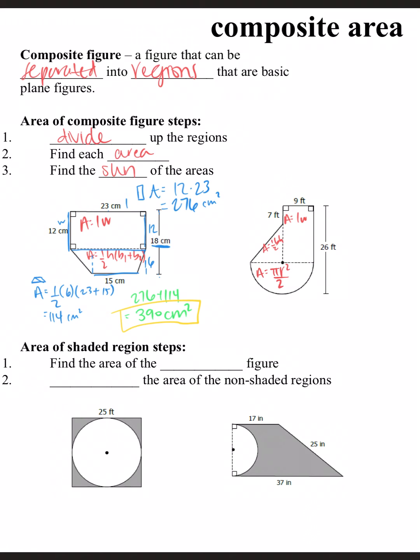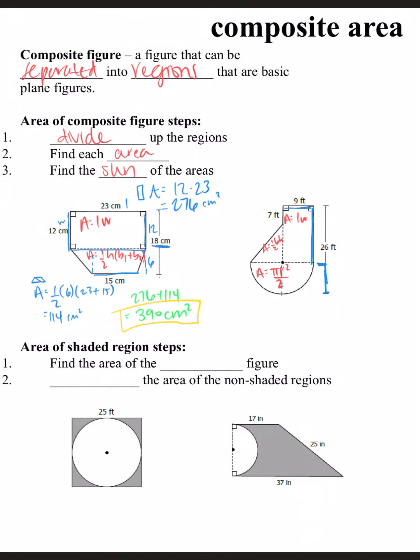This is our width. This would be our length, so I need to figure out what our length is going to be. From here to here is going to be a radius, and that would be the same distance from here to here.